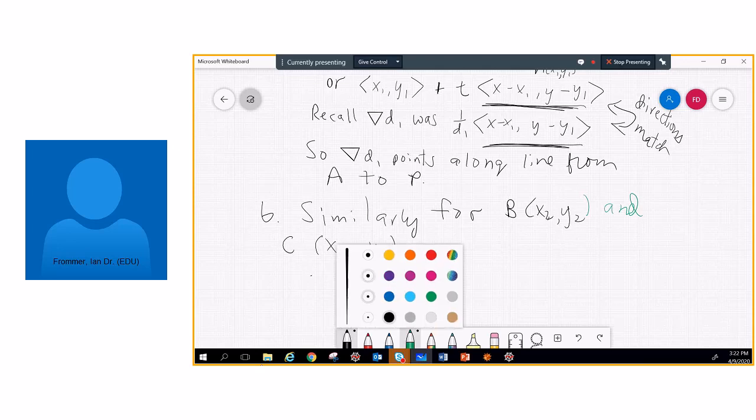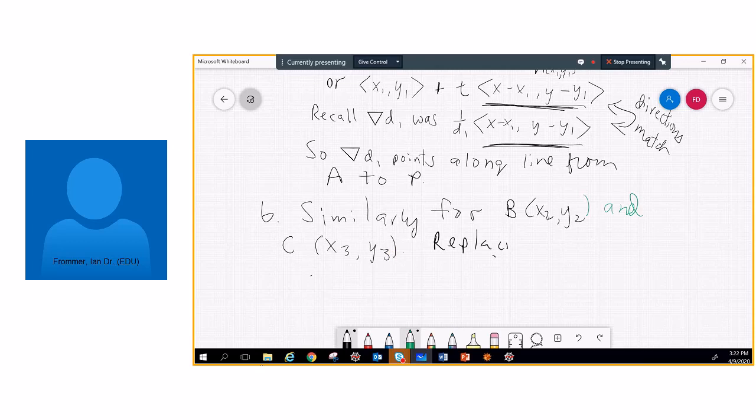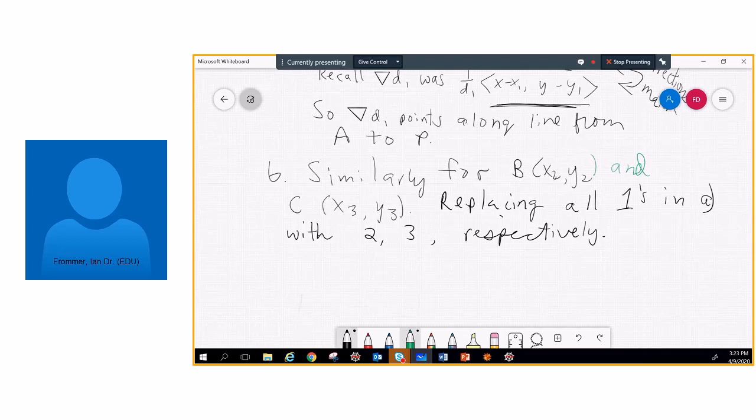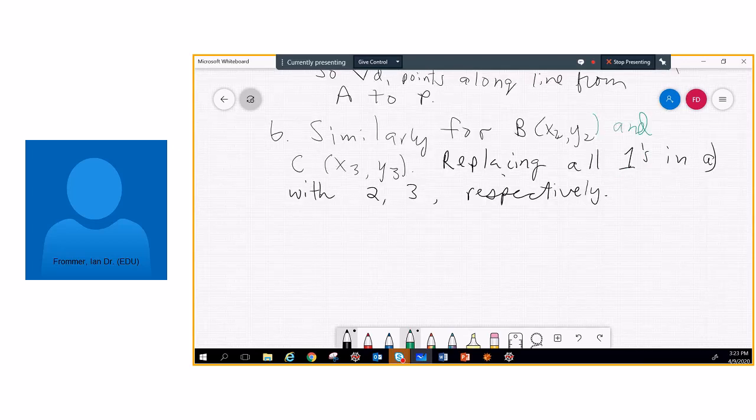All right, so all you would have to do is replace all the ones in part A with 2 and 3 respectively. So that's how you would do it.